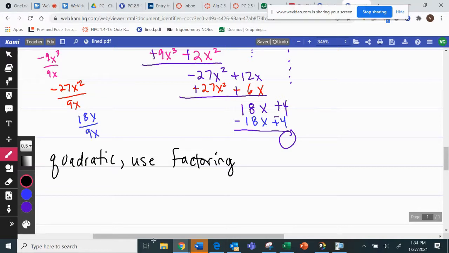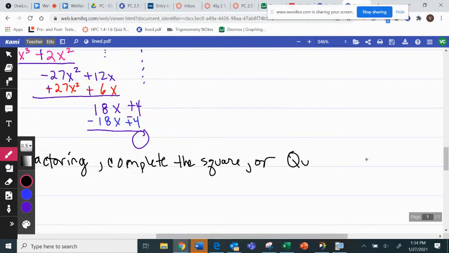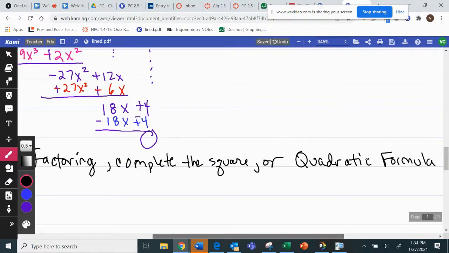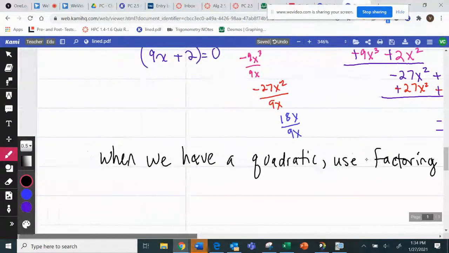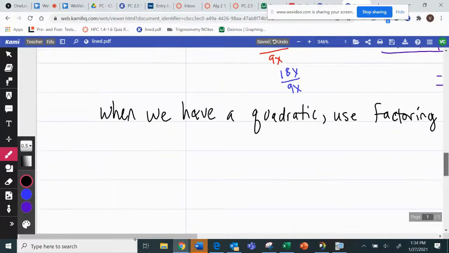Complete the square, your favorite. No. It actually is easier sometimes, but not always. Or the song, quadratic formula. So that's basically your choice at the end, except factoring doesn't always work. So you won't always be able to use factoring, but you can always use the other two methods.